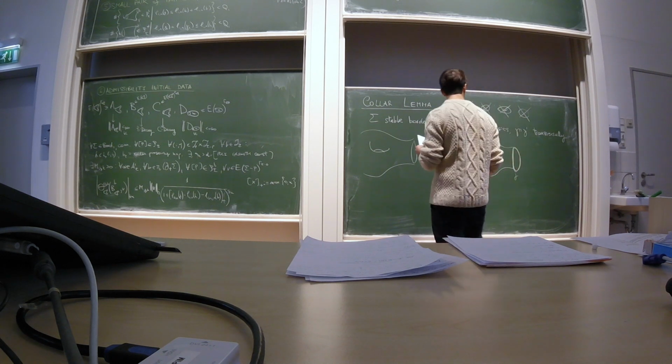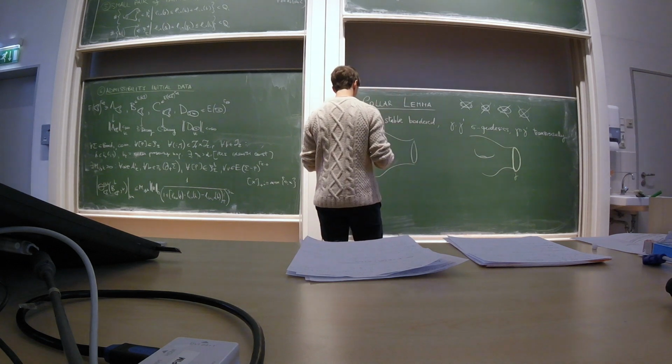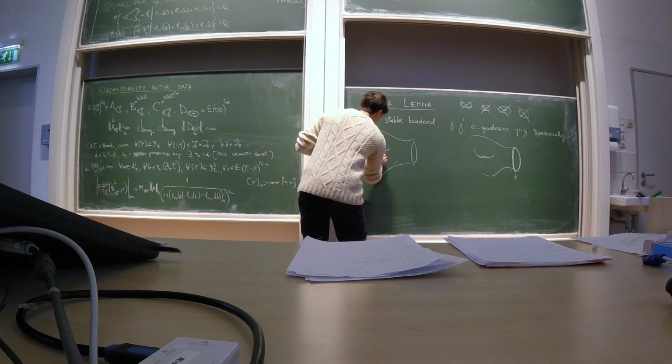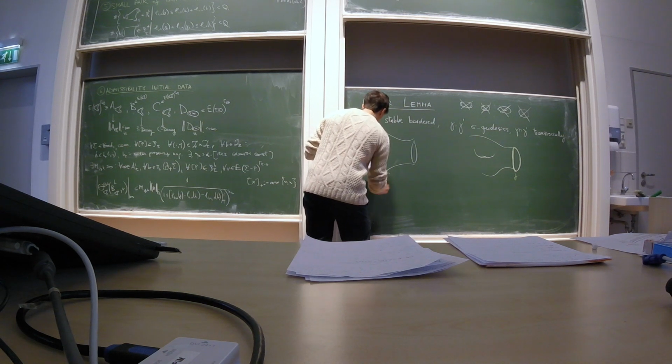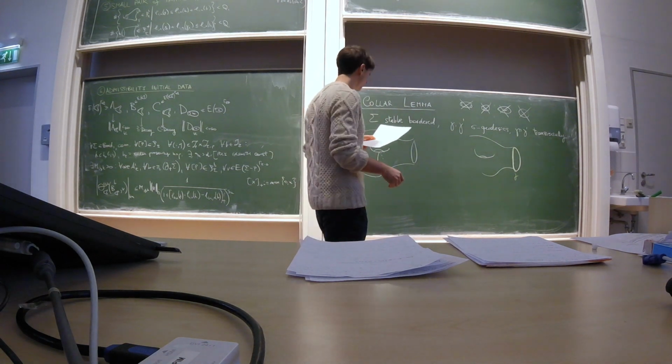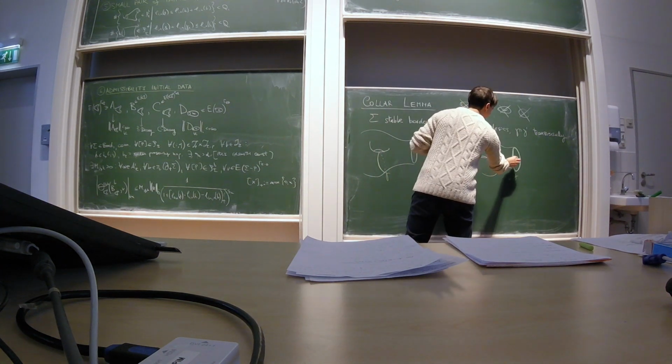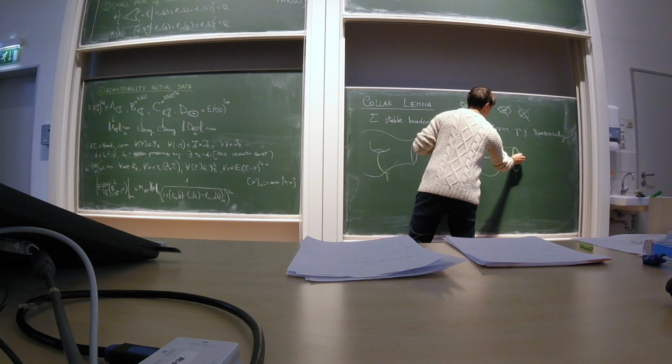One is gamma belongs to the boundary. The other one is if gamma is inside the interior. And you want them to intersect transversely, so this would do something like that.